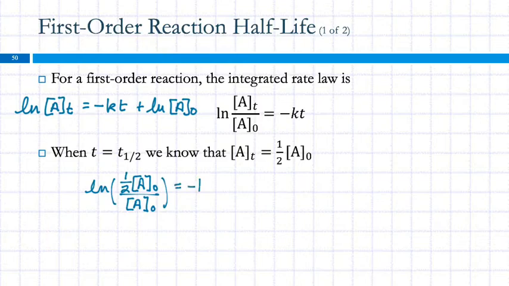And that is equal to negative kt. So the A0s cancel out. So this is equal to the natural log of 1/2. So if you put that into your calculator, the natural log of 0.5, that's equal to negative 0.693.